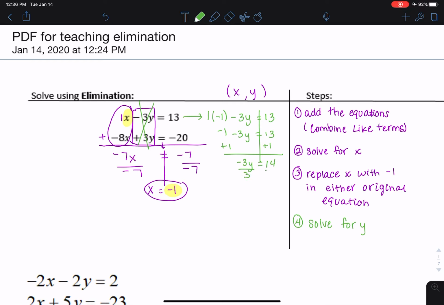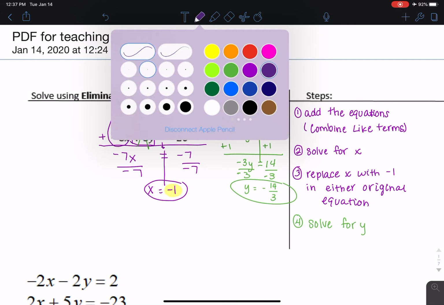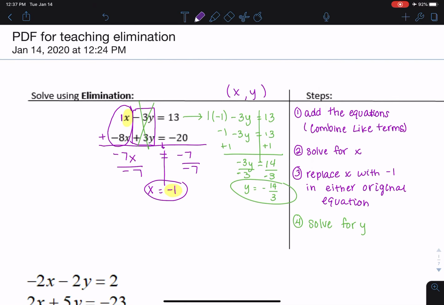Divide by negative 3, divide by negative 3. 14 divided by negative 3 does not simplify, so we're just going to say that y equals negative 14 over 3. So my answer, the point where these two equations would cross each other on a graph, is negative 1 and negative 14 thirds.